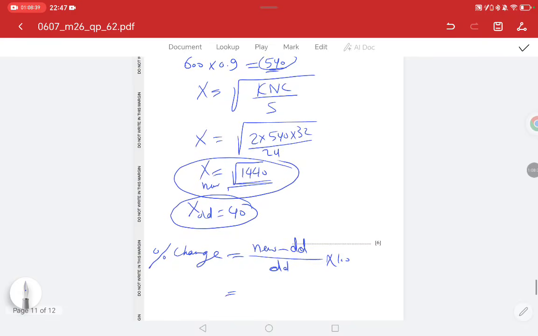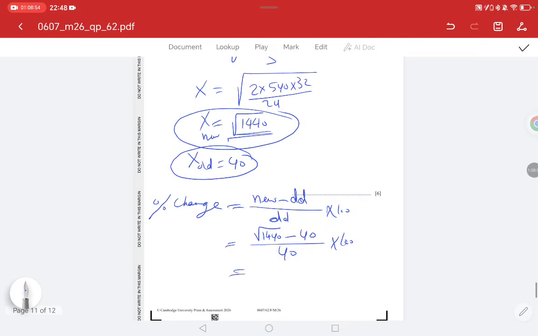For us, the new is the square root of 1440, minus the old value, which is 40, divided by 40, and then multiply by 100. This will give you the percentage change.